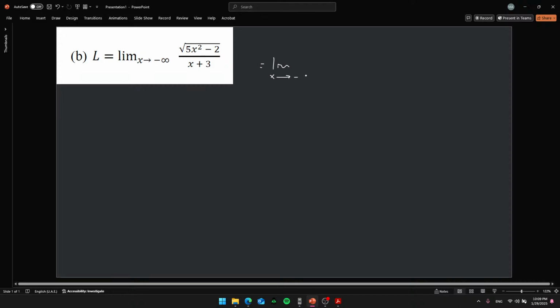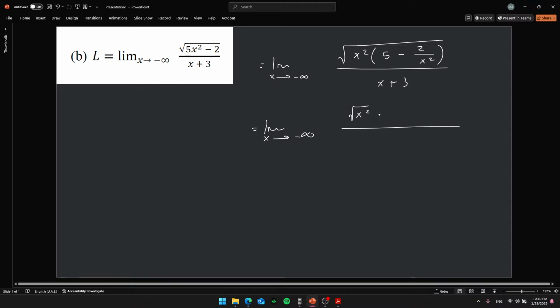Limit as x approaches negative infinity. Take the x squared as a common factor. You will have the square root of x squared times (5 minus 2 over x squared) over x plus 3. Then you can split this into two radicals.